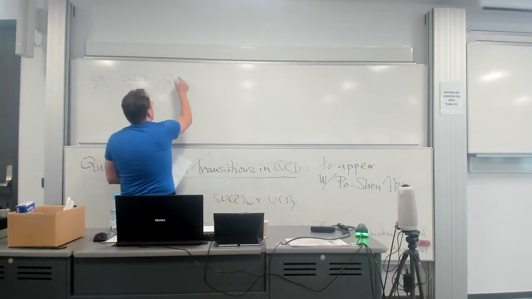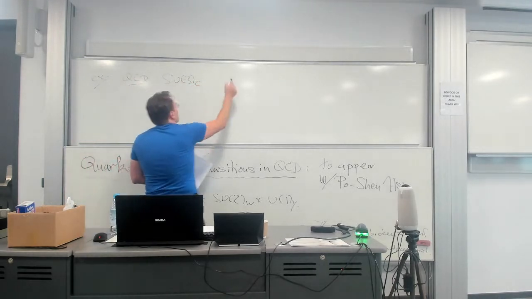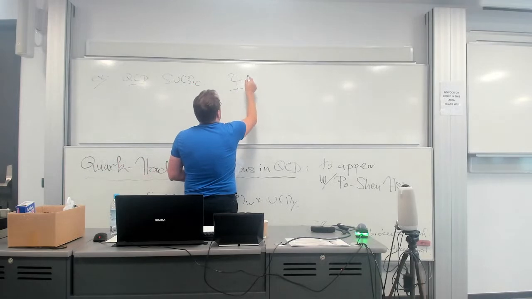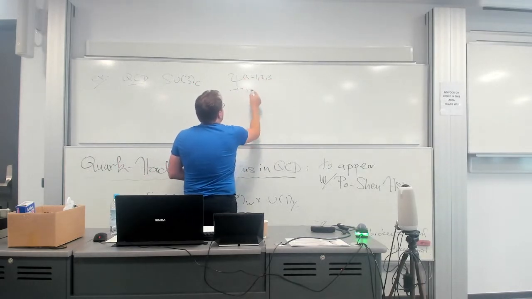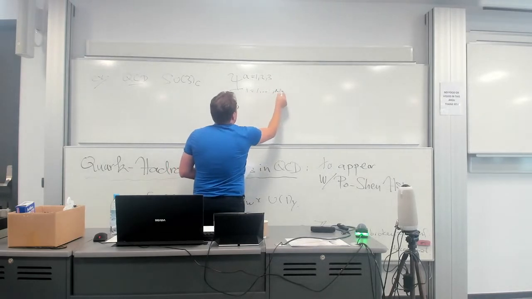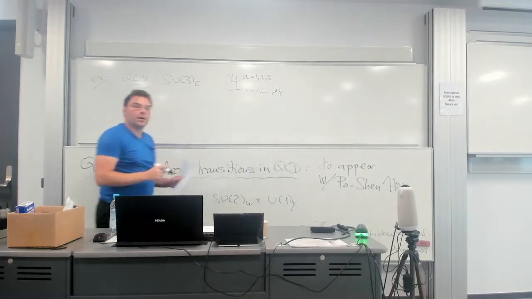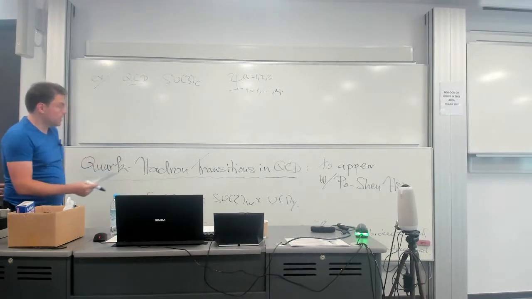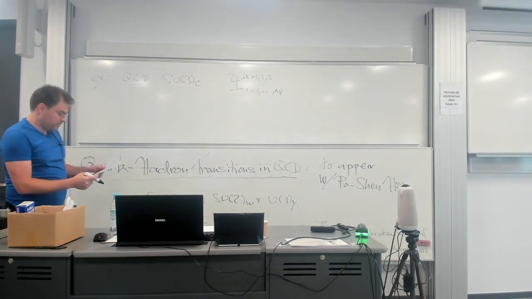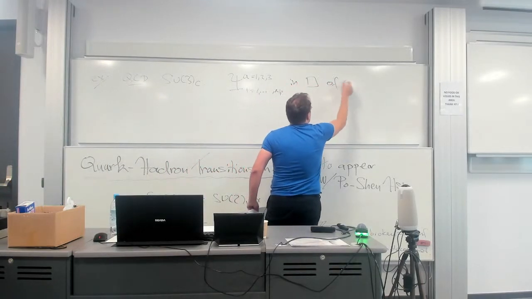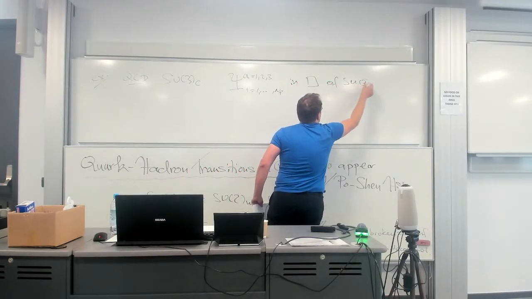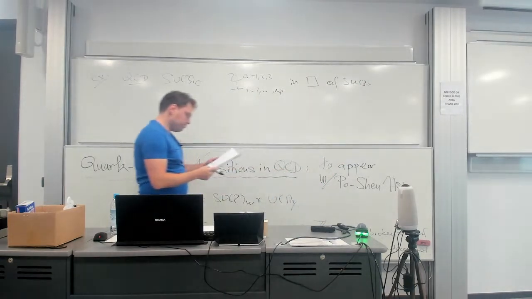This is an SU(3) gauge theory with quarks, Dirac quarks, in the 3 of SU(3), and then there might be one or several of those. So these are in the fundamental of SU(3).